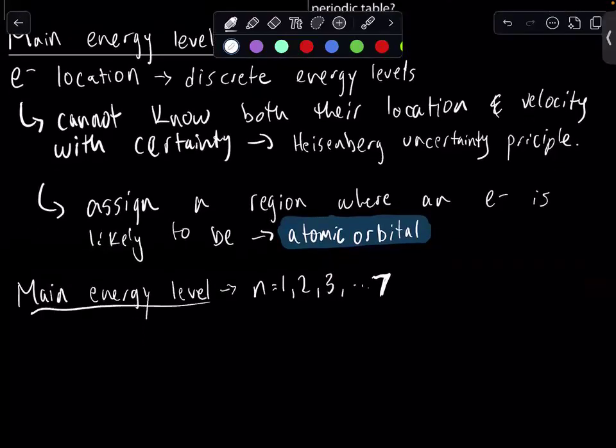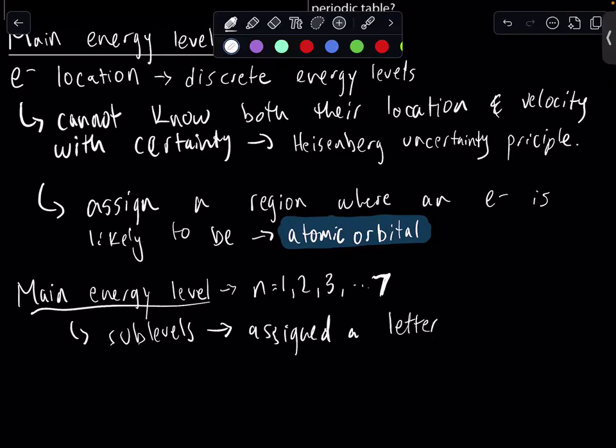Within each main energy level, there are also sublevels. Within n equals 1, there's a sublevel, n equals 2, there's more, and so on. These sublevels are assigned a letter, and those letters are S, P, D, and F.